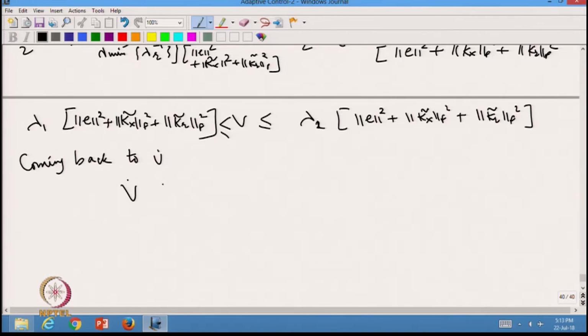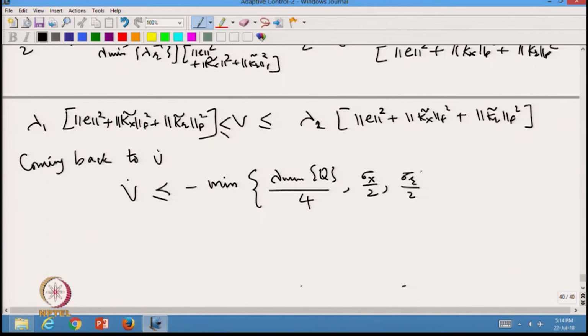V dot is further upper bounded as minus the minimum of lambda min of Q, lambda x over 2, lambda r over 2, and then we have, so this is how we collect these terms together, and we will see how this helps us, plus C. Okay.